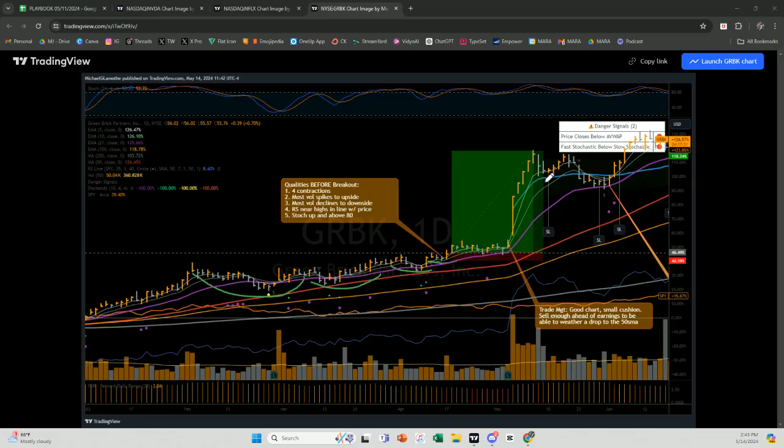Let those be the first two things that you look for in the model: that they have all of your must-haves, and that when they broke out, they did something like this, versus they broke out, they failed, and then maybe 3 or 4 weeks later they had a 100% move. You want to model the ones that work.